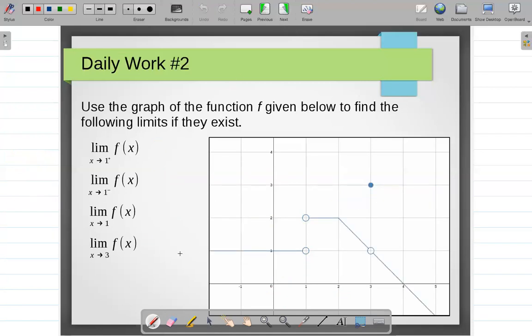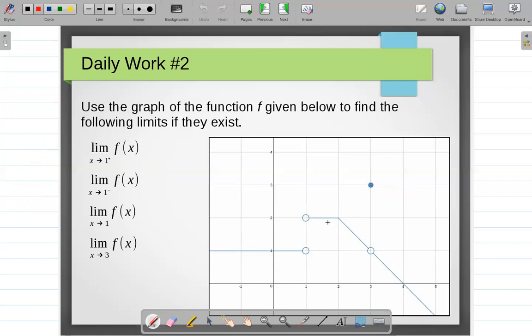Okay, now what about this one right here? As we know, the open circle means we are not including that point, and the closed circle means we are including that point, right? So here, let's find the value of f of x when x approaches 1. There is a plus on the top, so from the right.